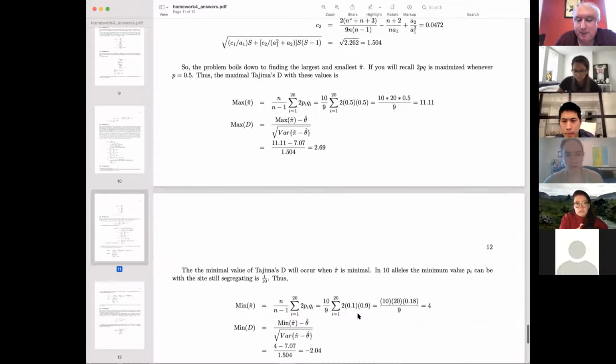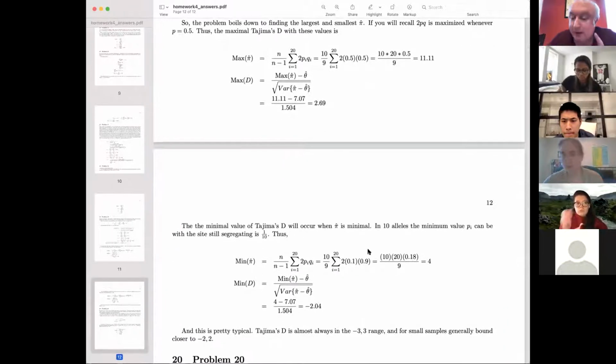To find the minimum, it is the exact same logic, but I know because it's segregating that at least one of my 10 alleles had to be one of my two things. So in order to make heterozygosity minimum, I'm going to make one of them equal to 0.1 and the other equal to 0.9. You remember the graph of heterozygosity looked like a parabola. So the closer you get to 0 or 1, the lower heterozygosity is going to be. So I'll make p equal to 0.1 and q equal to 0.9 or vice versa.